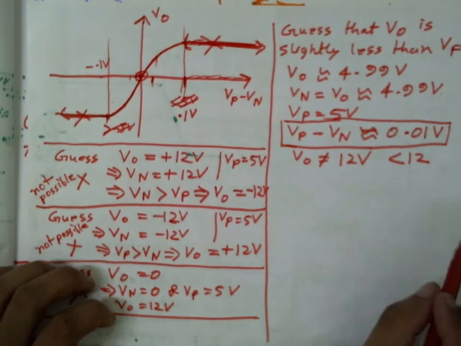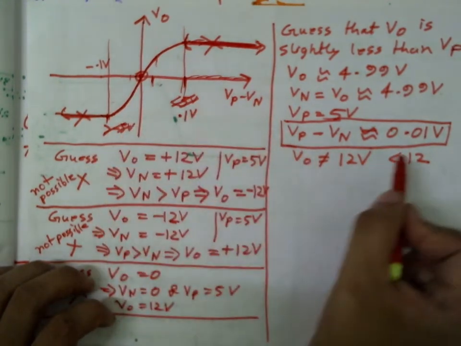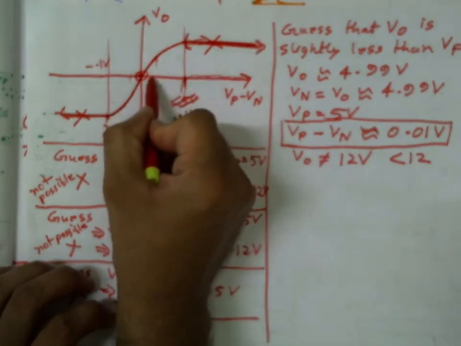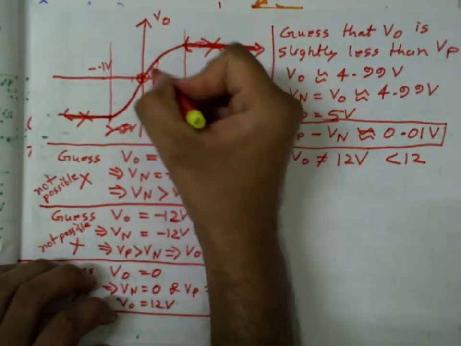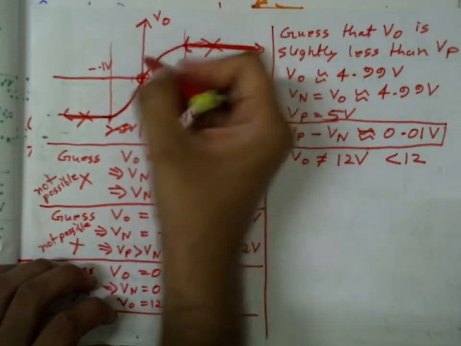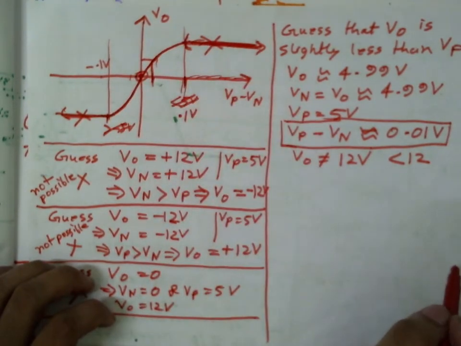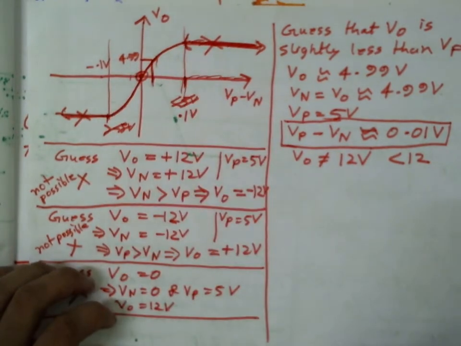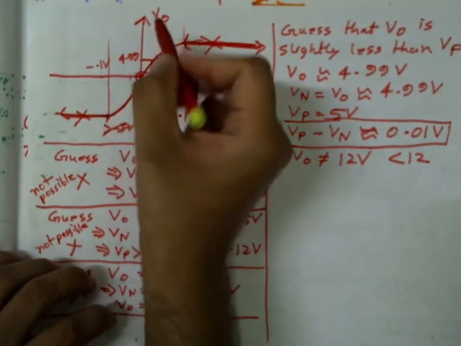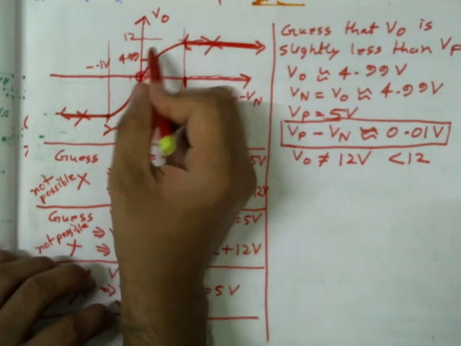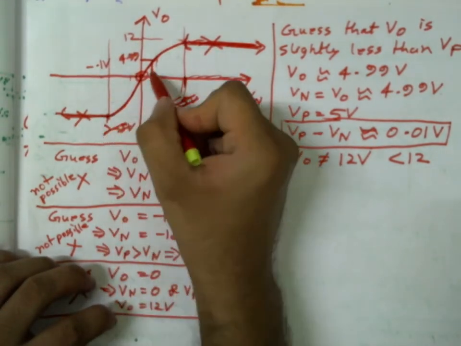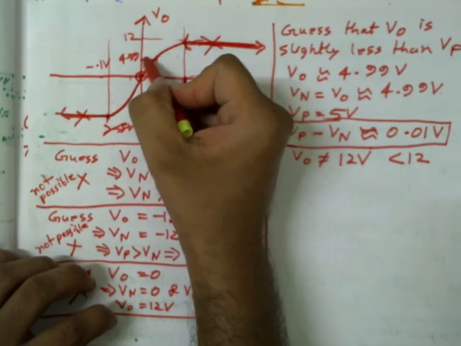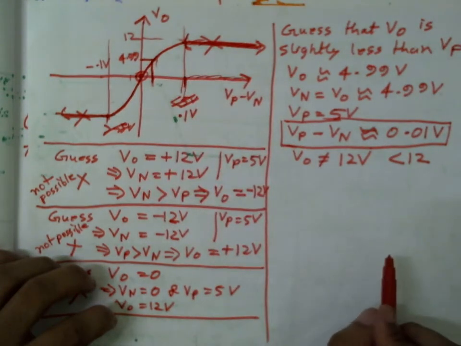And what will the value be? For that we have to check. So this is Vp minus Vn, which is 0.01. So we have to come to this point, and we have to see what the output value is here. And it's possible, if you are lucky, that this value is 4.99. It's possible because this value is 12 volt, this is 12, this is 0, and at 0.01 if the curve favors us, then the value can be 4.99, right?